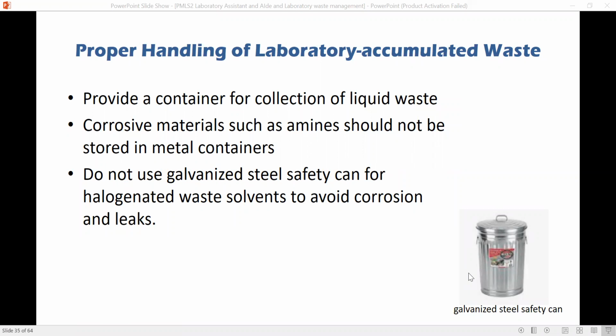Corrosive materials such as amine should not be stored in metal containers. And do not use galvanized steel safety can for halogenated waste solvents to avoid corrosion and leaks. Kasi magko-corrode yung metal, pag nag-corrode yan, magli-leak, lalabas. Para bang nangalawang ganon?